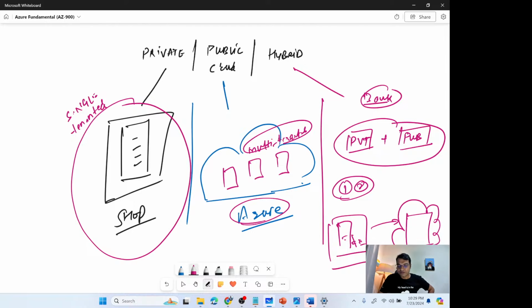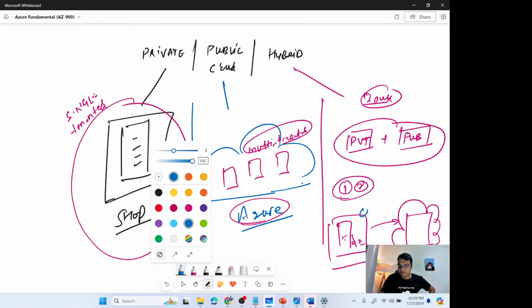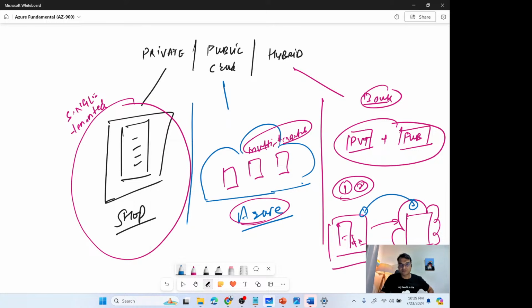But when you do that, of course, these two should be able to talk to each other. But we will talk about that later when we go to the services. Okay. Now that is hybrid cloud. Private, public, hybrid.